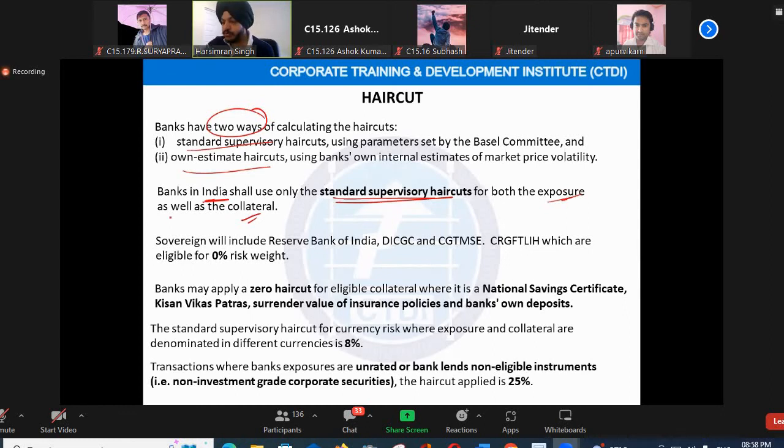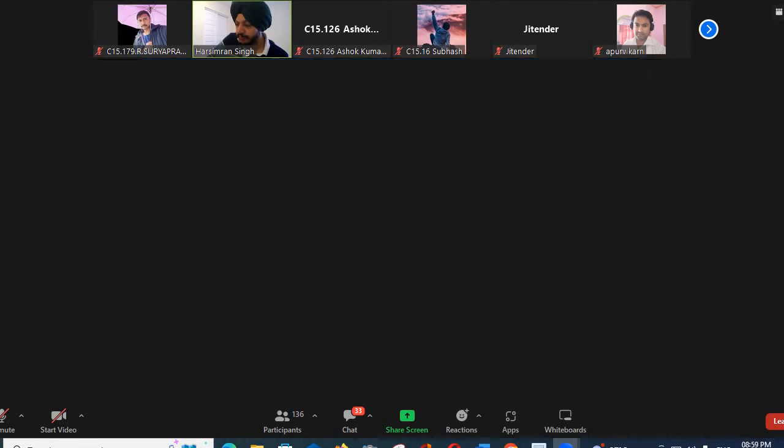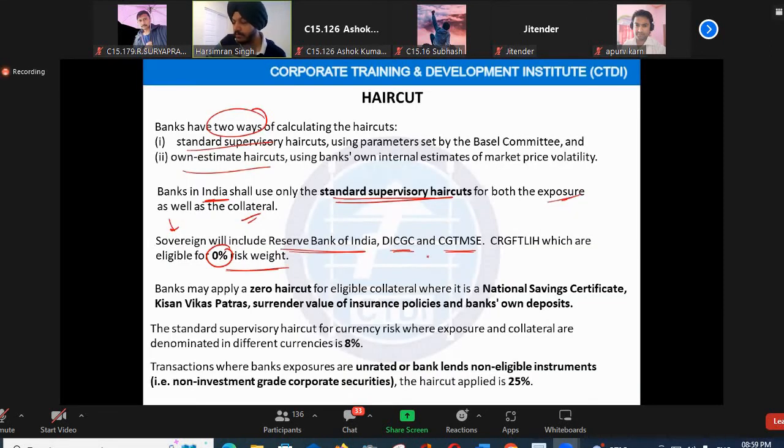He says sovereign means RBI, DICGC, CGTMSE, or any exposure to a sovereign. He says risk weight is 0. एक तो ये पॉइंट आप याद रखोगे.